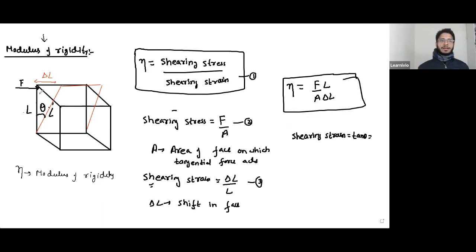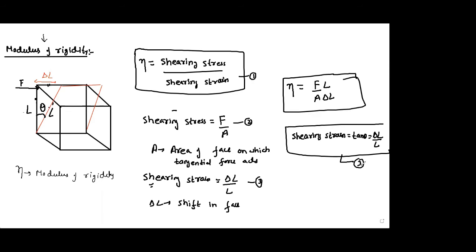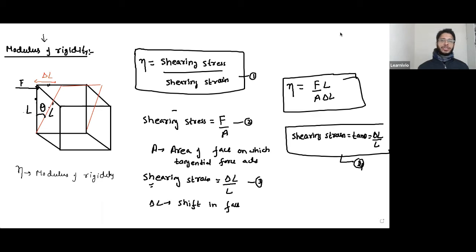And what is tan theta? In this right angle triangle, it is perpendicular upon base. So you can say that tan theta is delta L by L. This is how we calculate shearing strain. Is it clear? Yes, sir. So that's modulus of rigidity. We use this when there is a change in shape of the body.